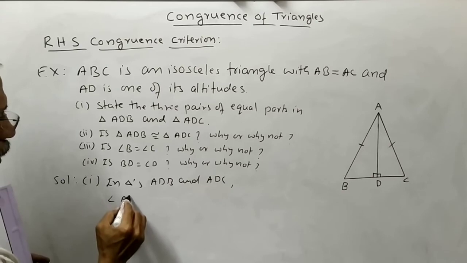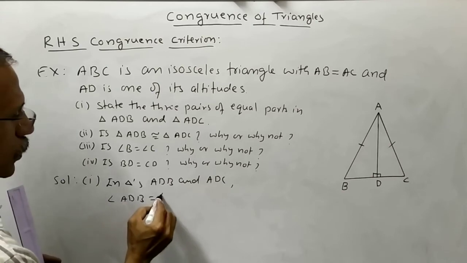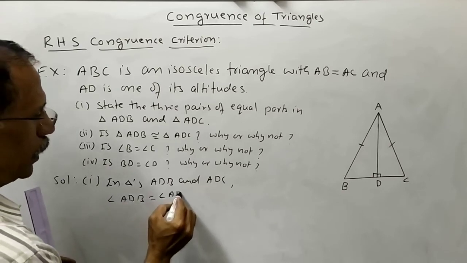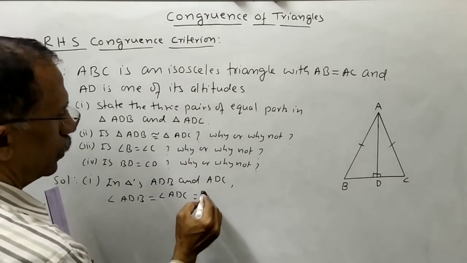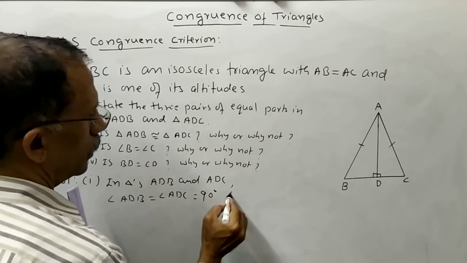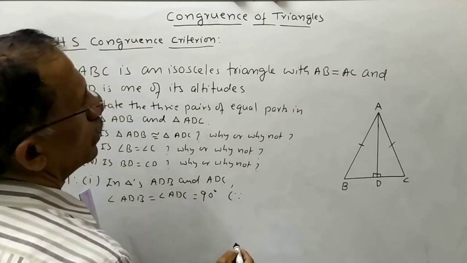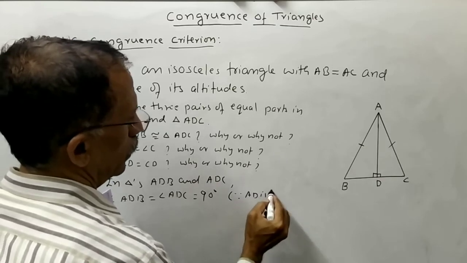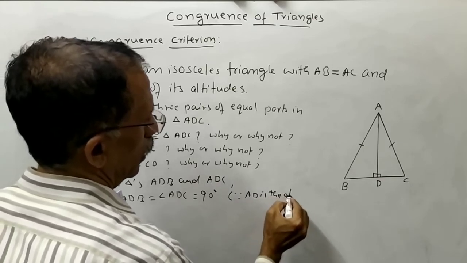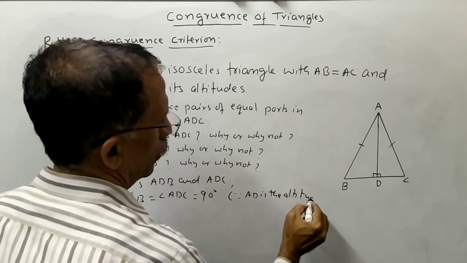angle ADB is equal to angle ADC is equal to 90 degree, because AD is the altitude.